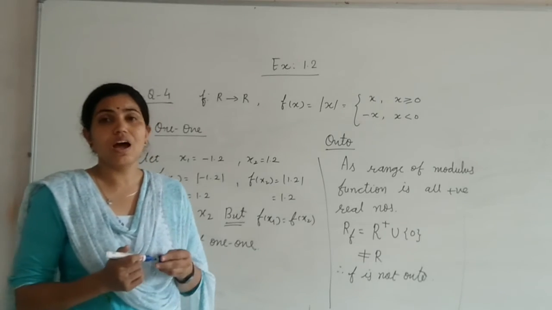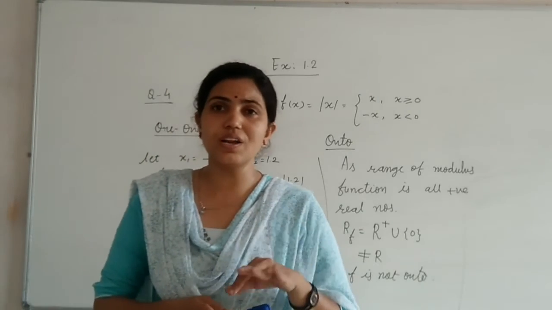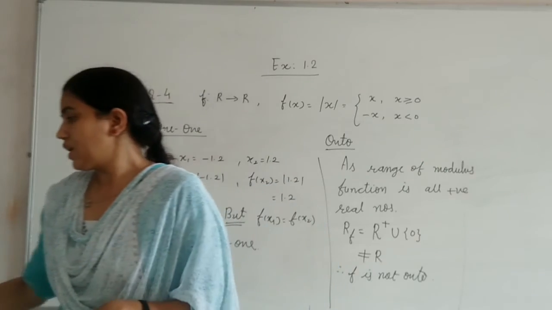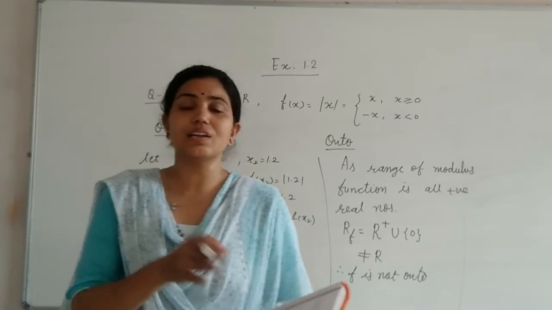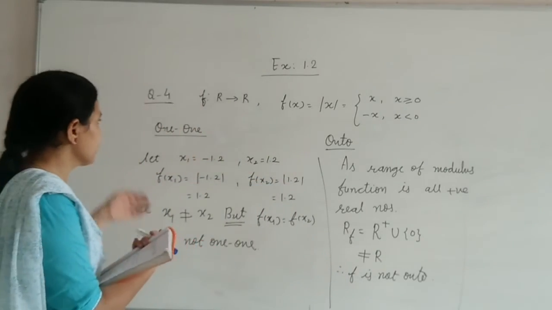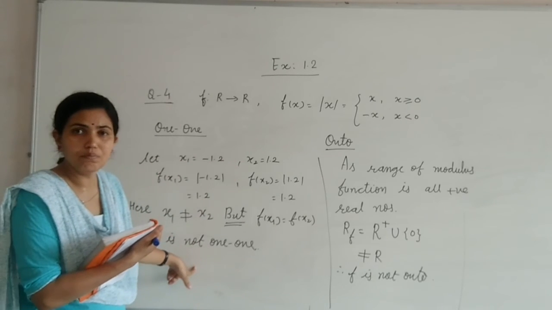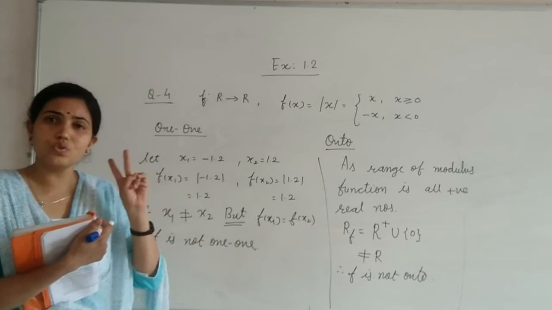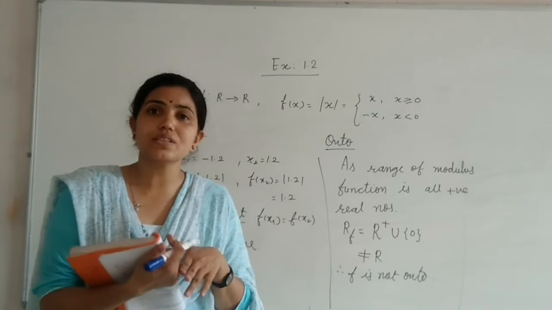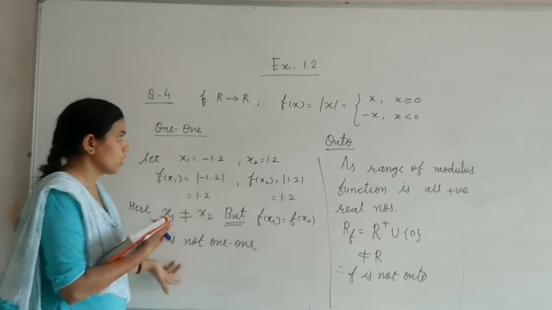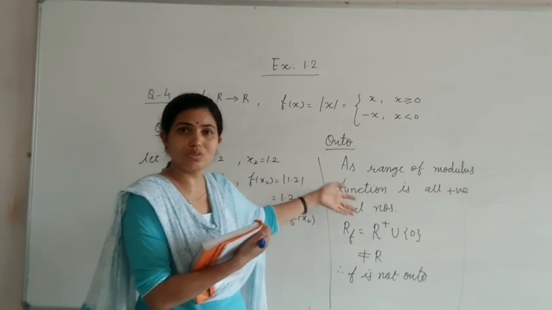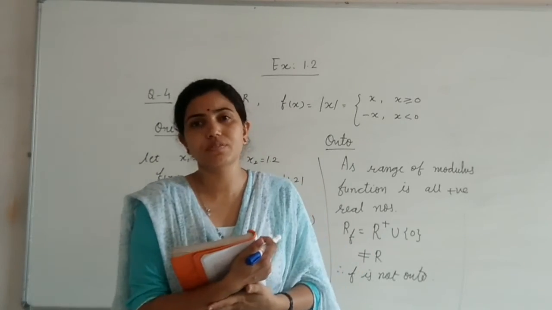I hope you understood how to prove the function is 1-1 and onto. If you have to show that it is not 1-1, then you can consider any two elements and find the image. If the image is the same for two different elements, then the function is not 1-1. For onto, if it is not onto, then just find out the range of the function.